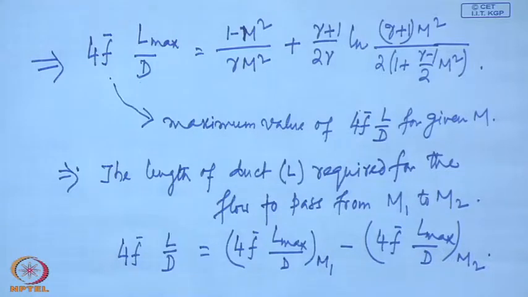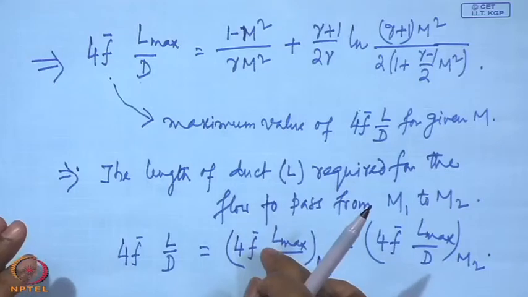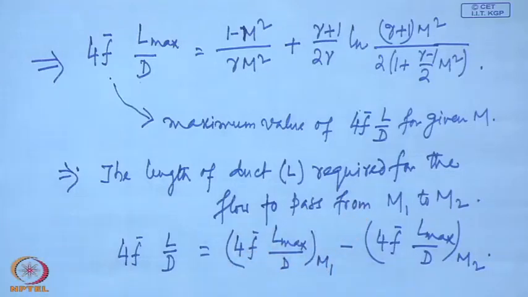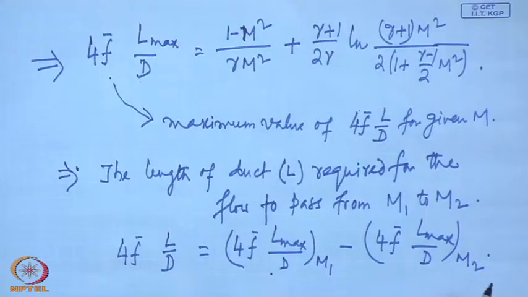This we can find, what would be the maximum length required for a flow to reach unity from M1, which is given by this, and the maximum length that you can have for the flow to reach unity from M2, and the difference of the two will give simply the length required for the flow to reach M2 from M1.